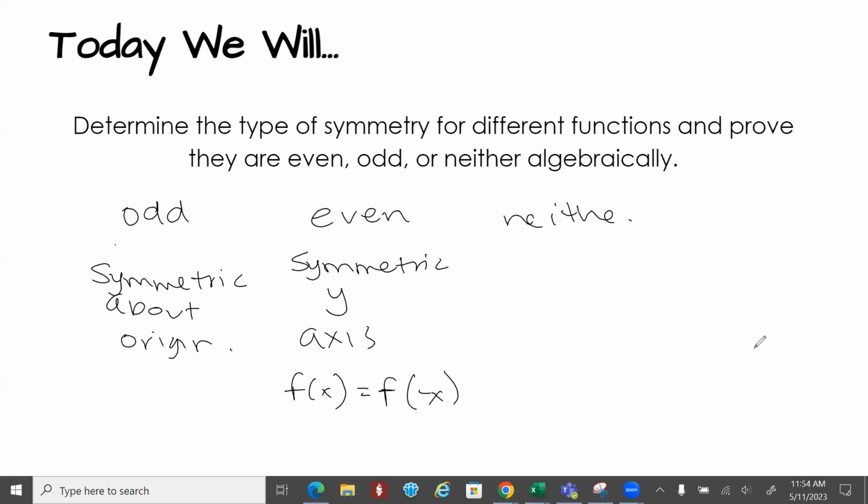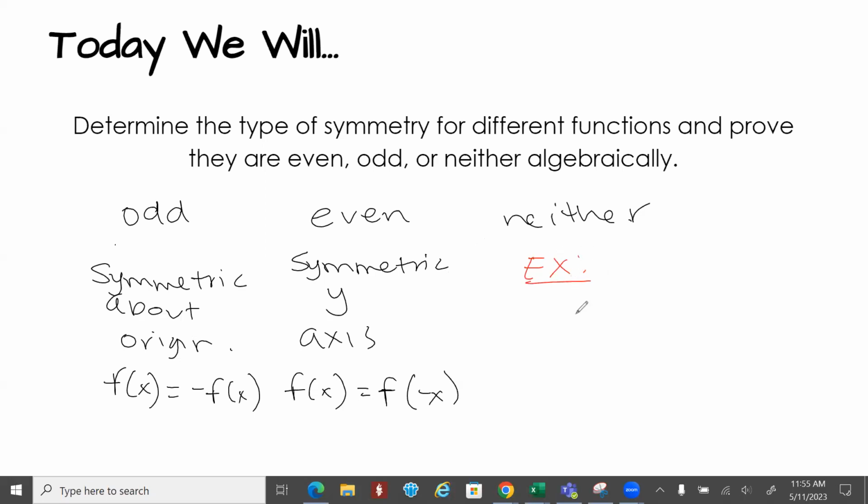For an odd function, you're going to be able to flip it over the x-axis, like it's a reflection over that. So neither one of these situations actually worked out. Well, okay. So let me give you an example of this.